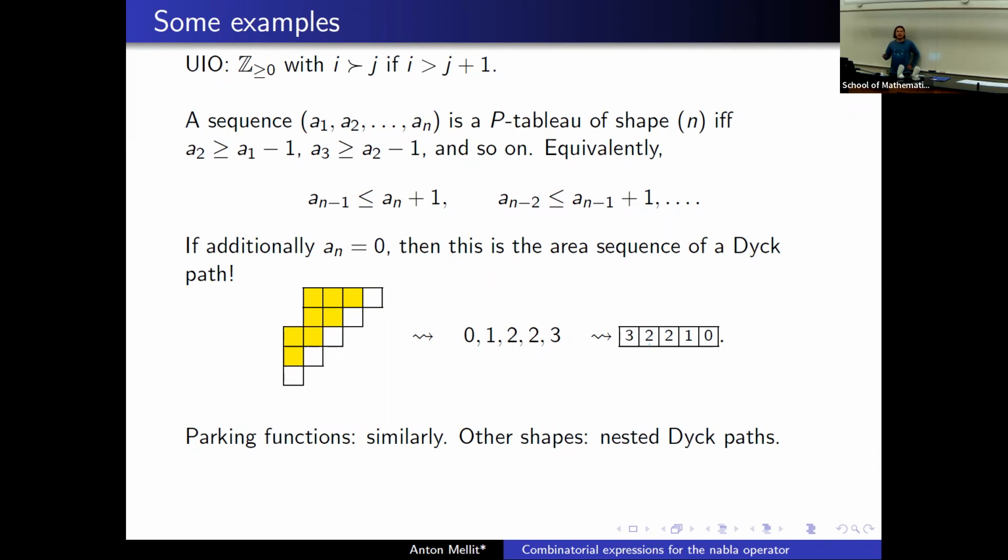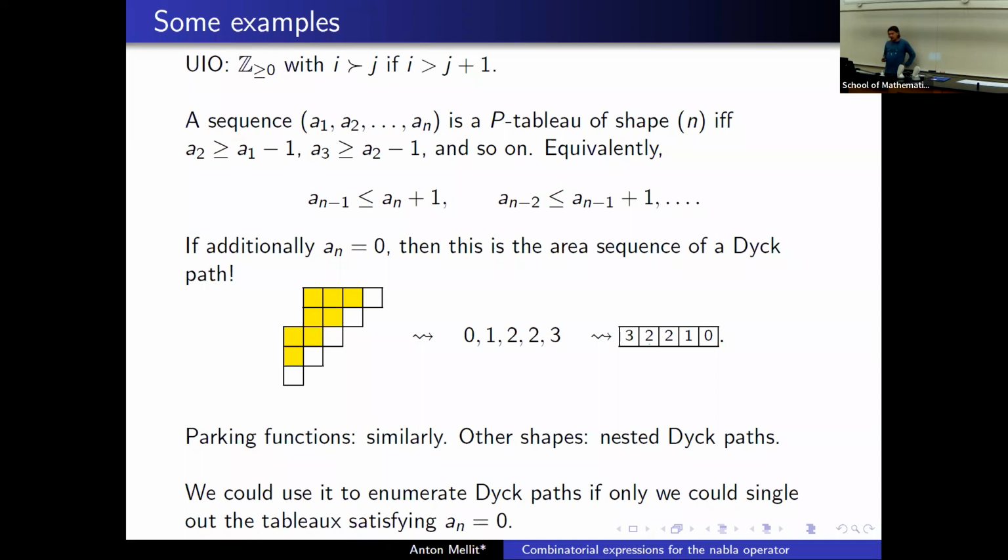And similarly, you get these inequalities. The inequalities for a nested Dyck path will be the area sequence of the bigger path minus 2. And that's precisely our much greater than relation. Okay, so that's kind of a cool observation.